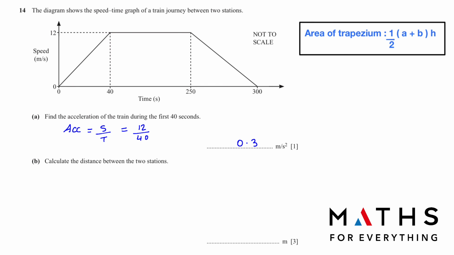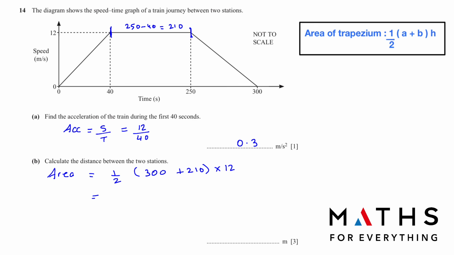H is the height. So area will be half. We have one side which is very easily given to us, 300. And then we have to find this parallel side. So it is 250 minus 40, which will give us 210. So 300 plus 210 multiplied by our height, which is 12.